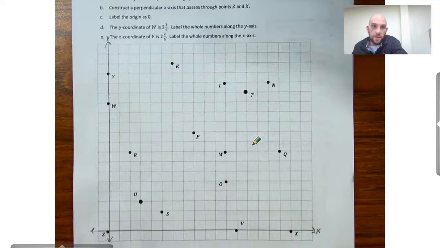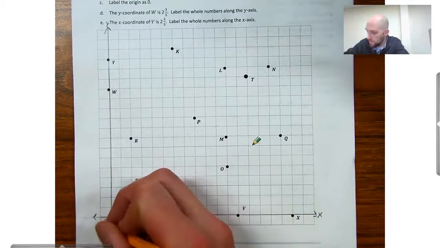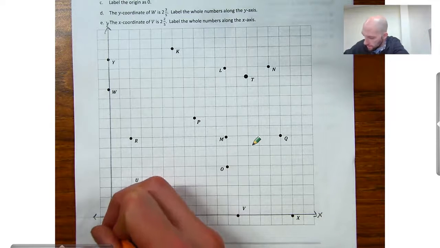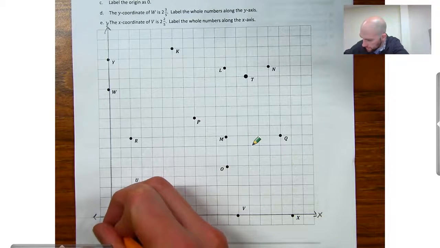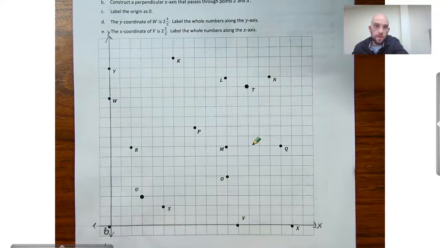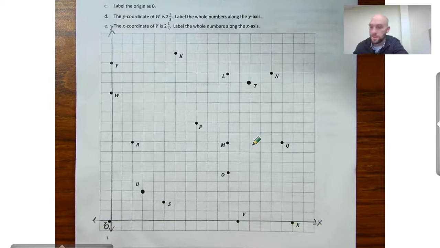C tells us to label the origin as 0. So right here where letter Z is, that's going to be 0. The y-coordinate of W is 2 3/5. Label the whole numbers along the y-axis.